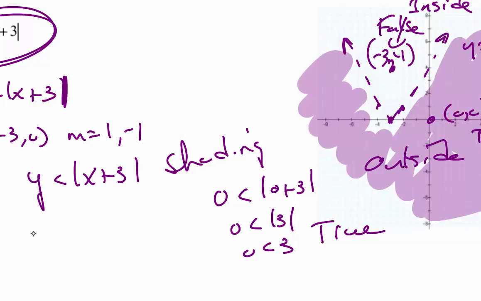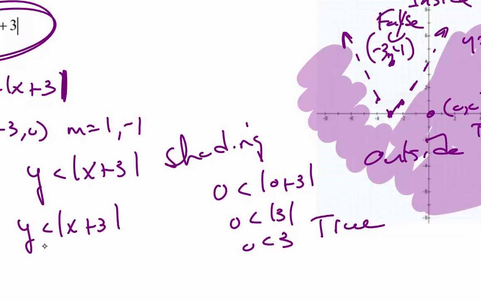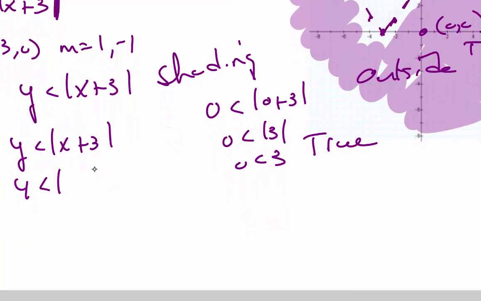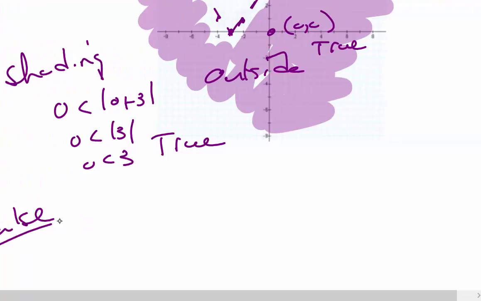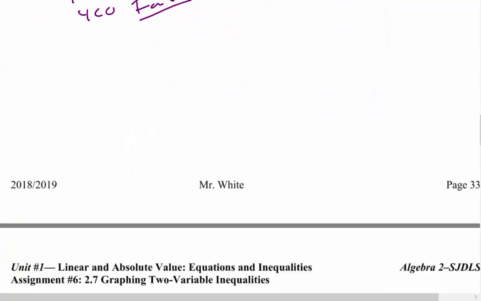They both can't be true. So if I take the original inequality and plug in (-3, 4), 4 is less than the absolute value of -3 plus 3, 4 is less than the absolute value of 0, 4 is less than 0. That's false. That shows I have the proper shading. Sweet.